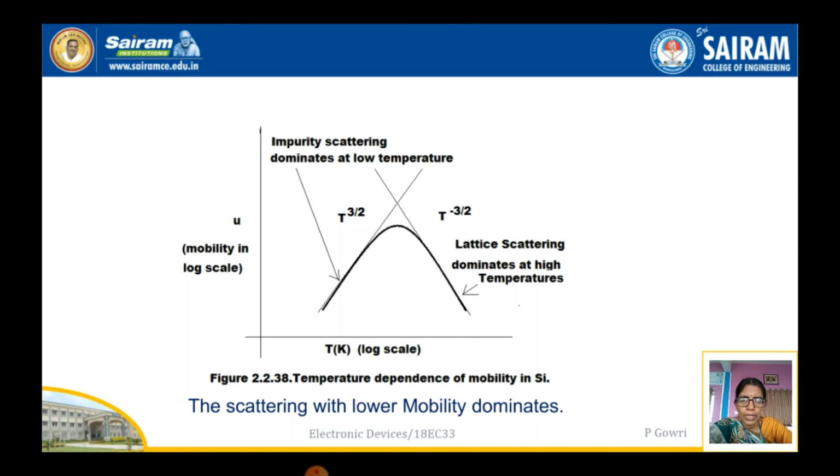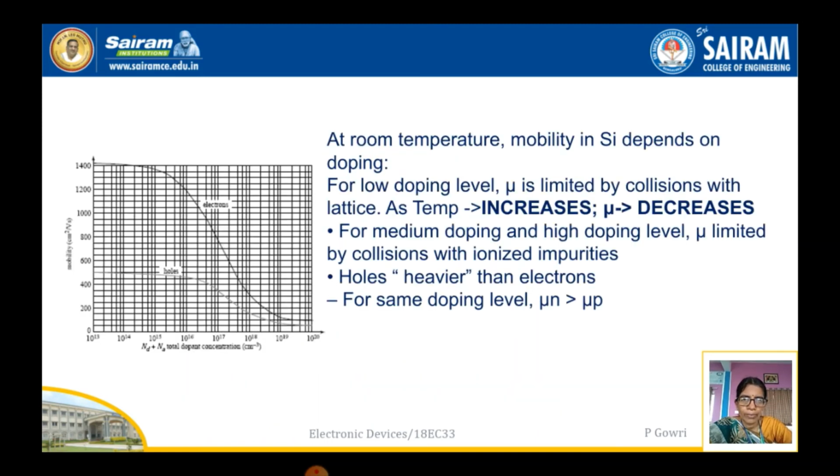So overall, if we take the summation of the two scattering mechanisms, the dominant scattering at lower temperature will be impurity scattering, and at high temperature the lattice scattering will be in effect. For a lower doping level, the mobility is limited by the collision with the lattice.